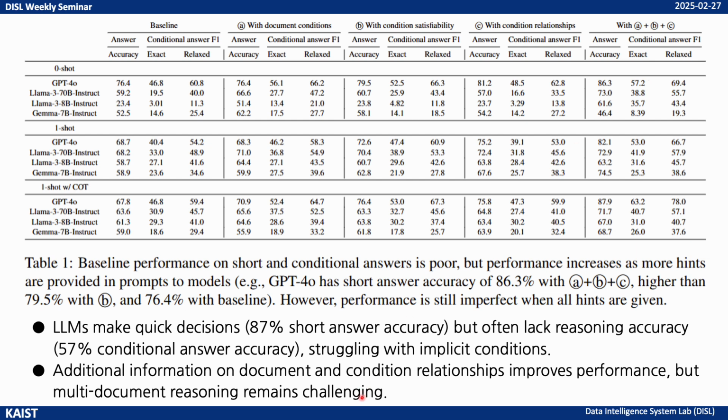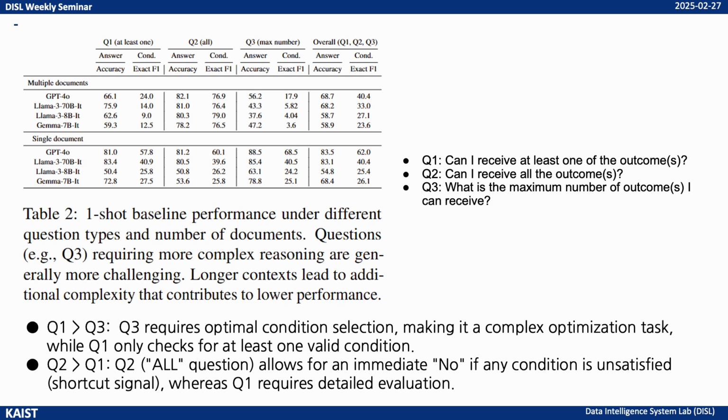And the results show that additional information about document and condition relationships improves performance, as shown in this figure, that the accuracy is increasing, but multi-document reasoning still remains challenging because the accuracy is not high enough.